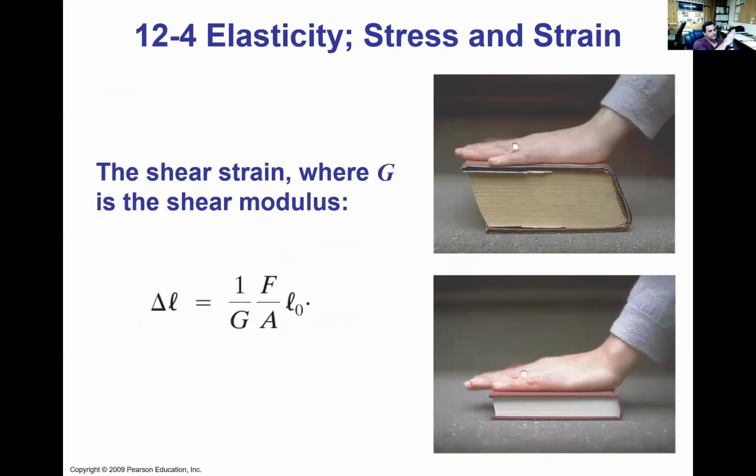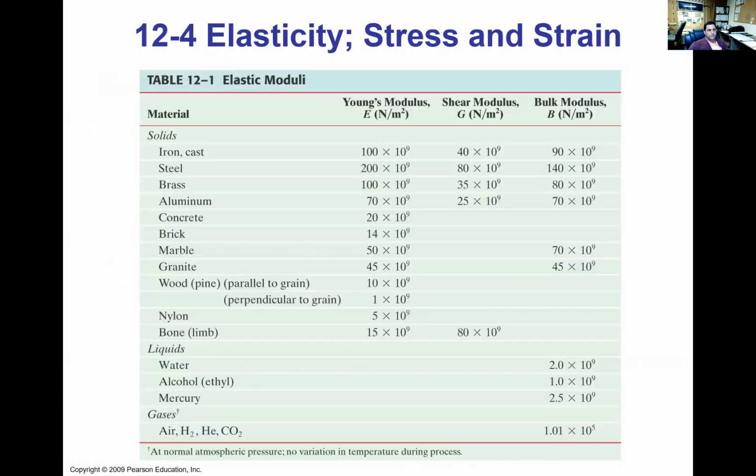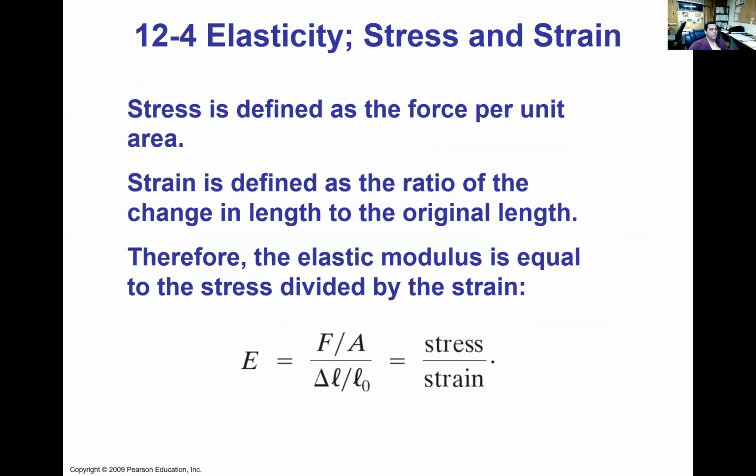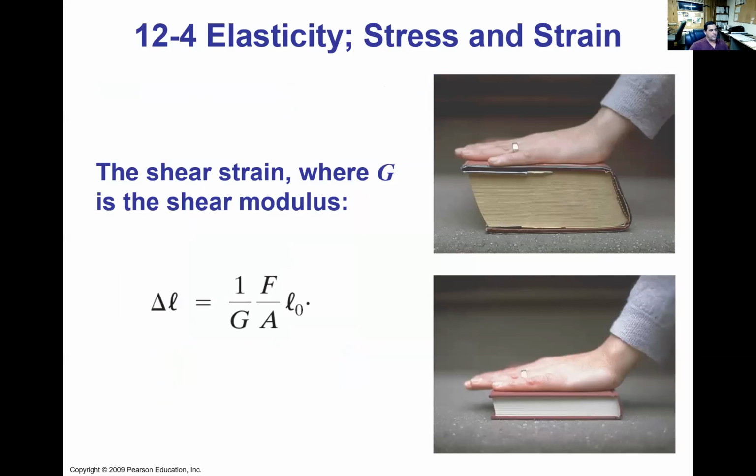Shear strain, notice it's basically the same exact equation, but you have a G value, which is your shear modulus. So back in that table, notice you have a shear modulus column, and you also have a bulk modulus column, but it's nearly the identical equation. But this is your shear modulus.